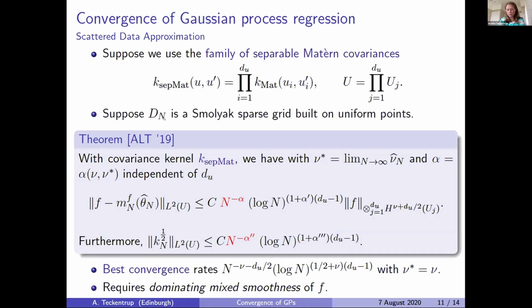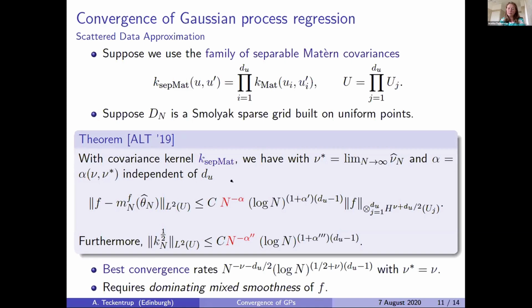The points where you get your function evaluations are now chosen specifically as a Smolyak sparse grid. Before we didn't have any restrictions on what the point set was. We just had our fill distance and the mesh ratio, and then that worked. This is a very specific setup where you now use these Smolyak sparse grids.